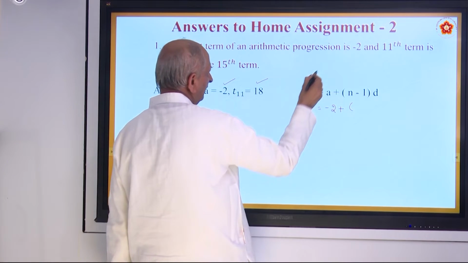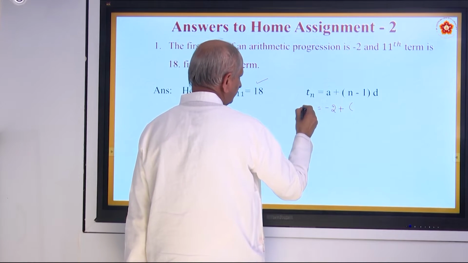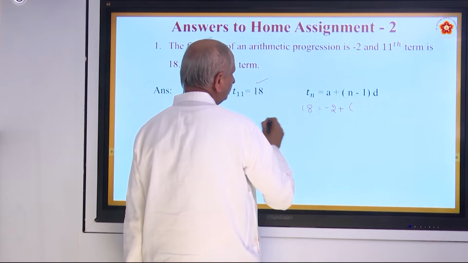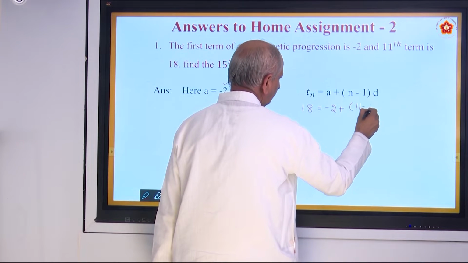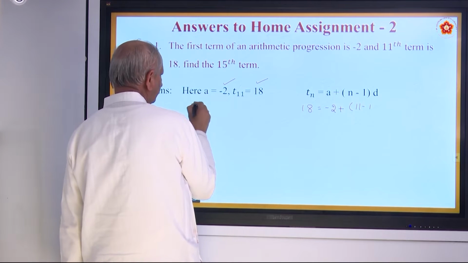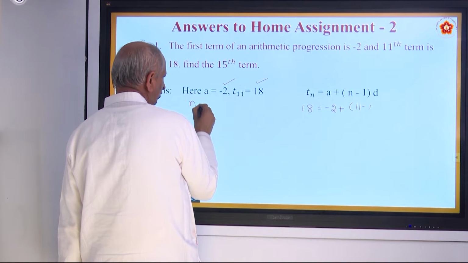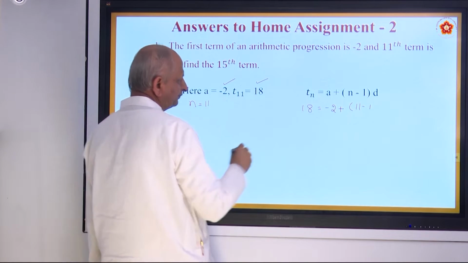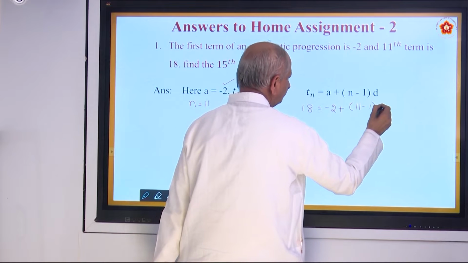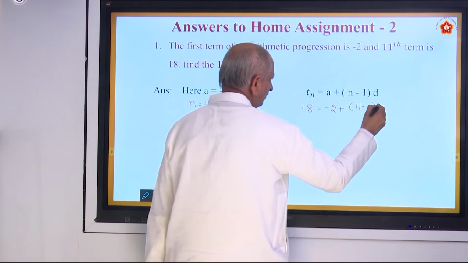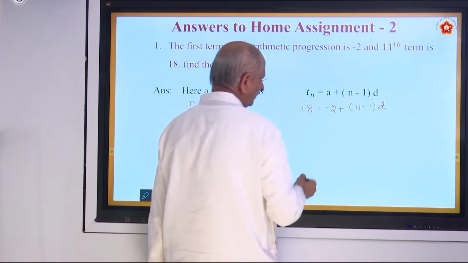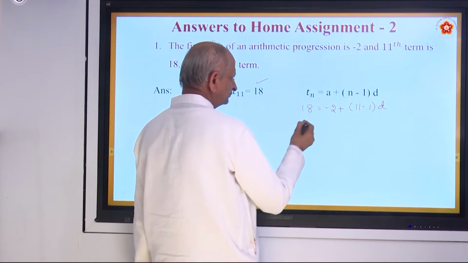So the 11th term, that is 18, is equal to 11 minus 1. So here you must write n is equal to 11, into d. D how much? We don't know. We have to find out d, right? With that d you have to apply it.